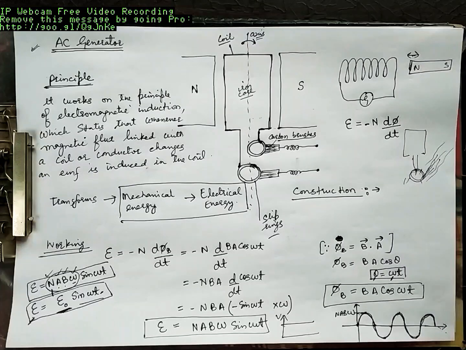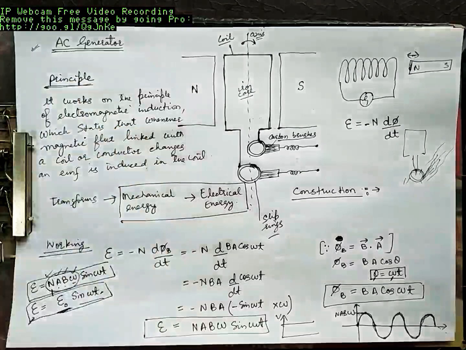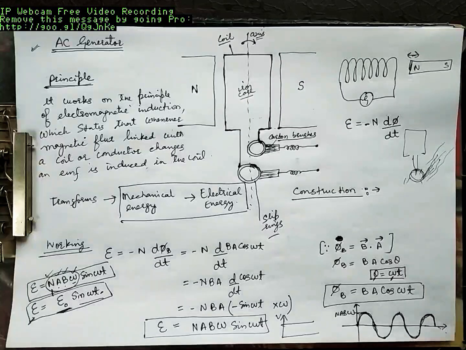We do not receive DC voltage at our places. The energy that is being supplied by the power development department at our places is not DC, but an AC voltage. By AC we mean alternating current. Alternate means it's sometimes positive and sometimes negative, again positive, again negative.